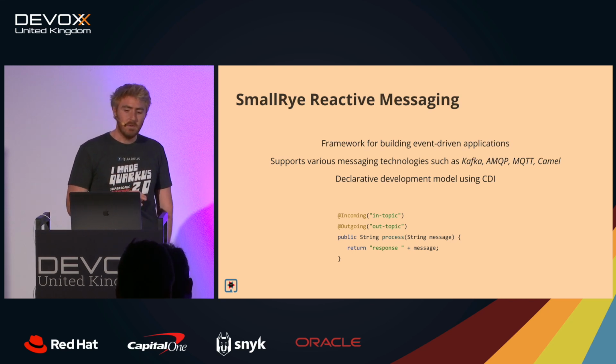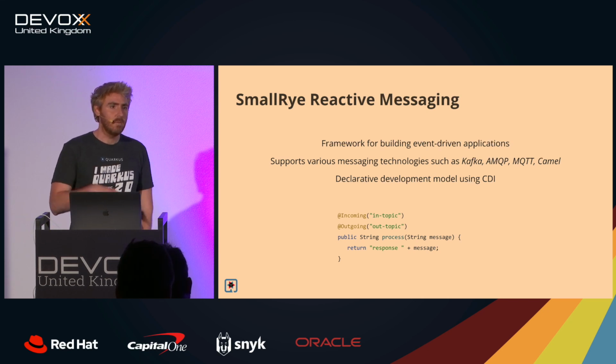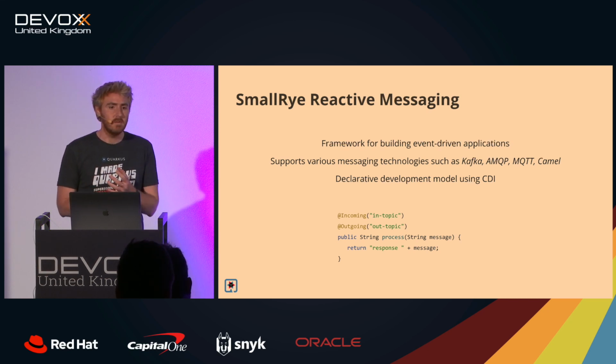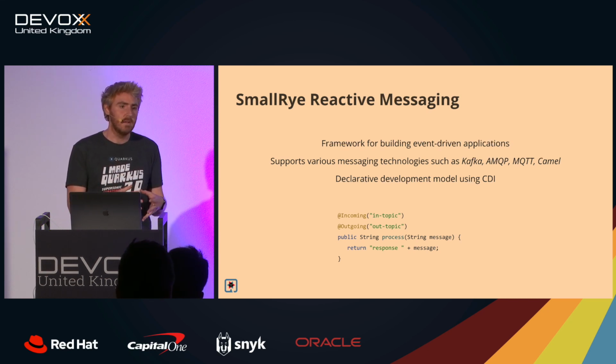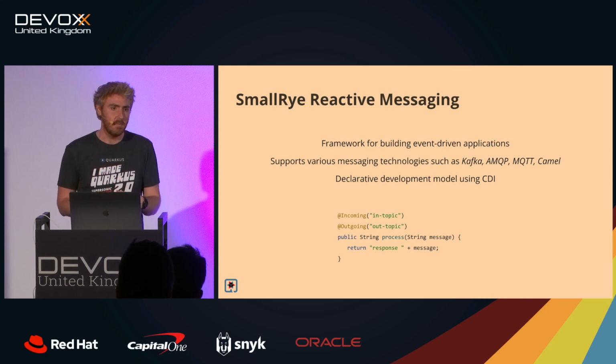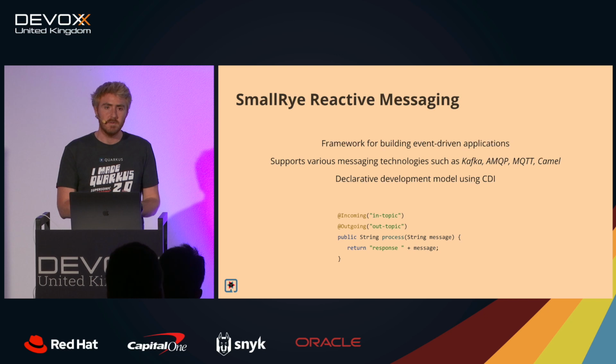And it's based on a declarative development model on top of CDI. At the center of the reactive messaging framework is a channel. A channel is a reactive stream. On top of it you pull some messages or push some messages to the reactive stream.